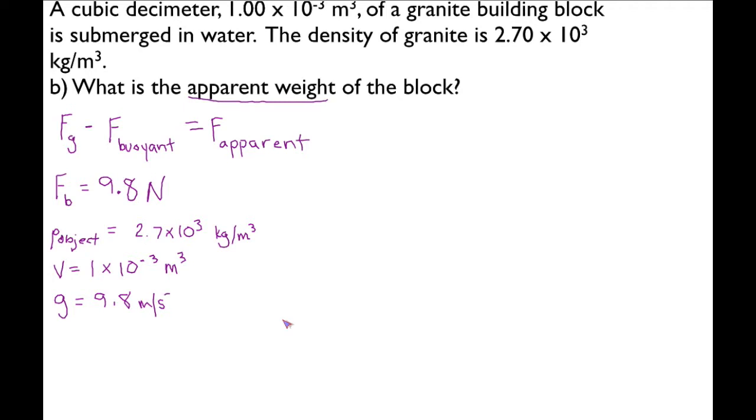So in order to find its normal weight, we're just going to take the density of the granite times the volume times G. So that'll be 2.7 times 10 to the 3 kilograms per meter cubed. And you can see all I did was I put the density of the granite here instead of the density of the fluid.